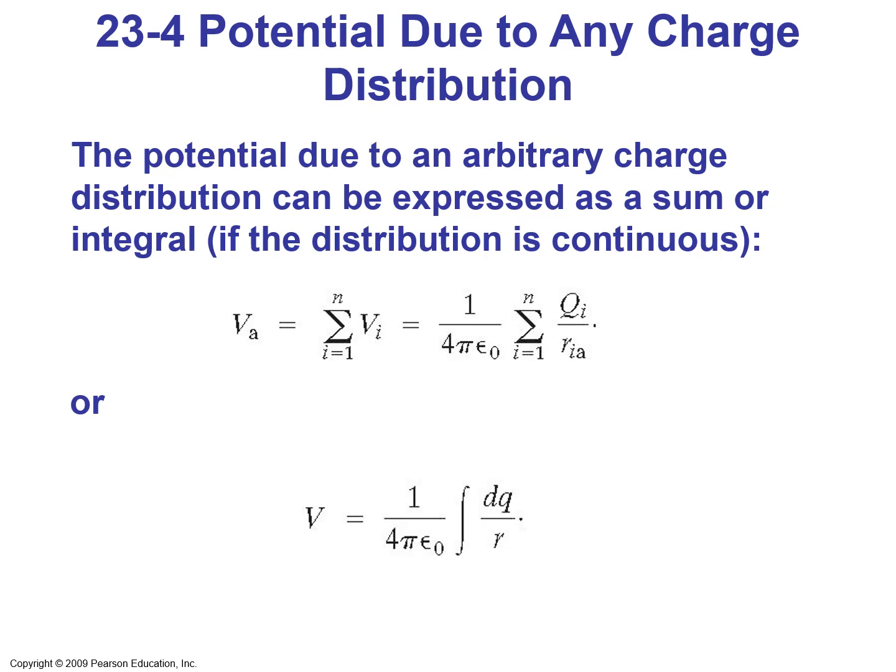So we have V_A equals the sum for i equals 1 to n of V_i, that is equal to 1 over 4 pi epsilon naught, the sum for i from 1 to n of Q_i divided by r_iA. Or if the distribution is continuous, we have electric potential V equals 1 over 4 pi epsilon naught, the integral of dq over r.